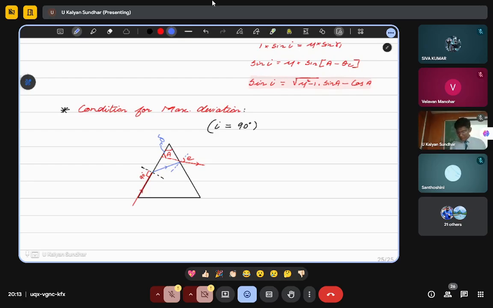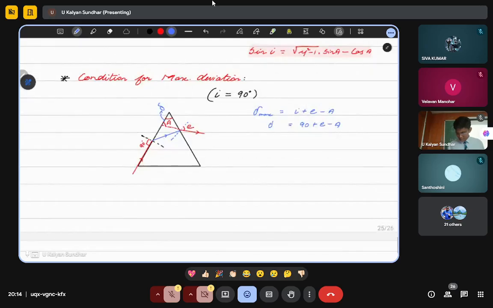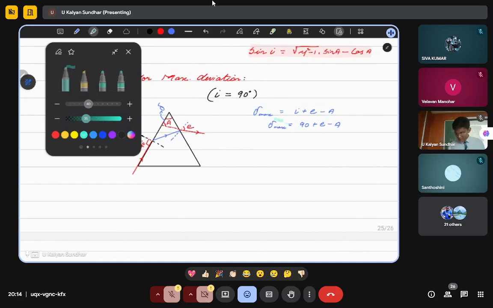Okay, now del maximum should be equal to what is the equation we have seen? I plus E minus A. What is I? 90 plus E minus A will be the case. So this will be the condition for your del maximum.